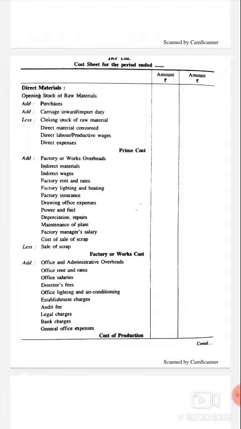Then we add factory cost, factory and works overhead in prime cost.